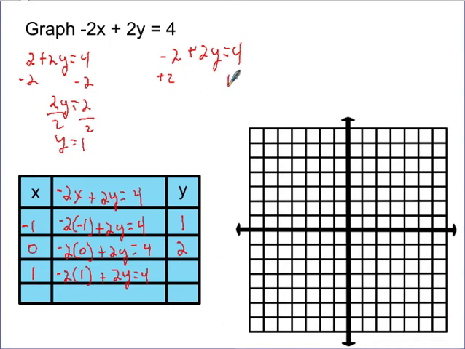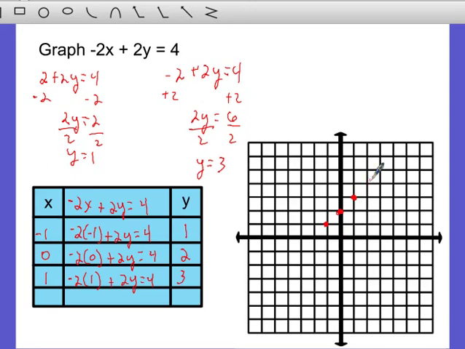Add 2 to both sides. 2y equals 6. Divide by 2, and y is 3. Graph the 3 points, negative 1, 1; 0, 2; and 1, 3. And then draw the line that goes from edge to edge of the graph through all 3 points.